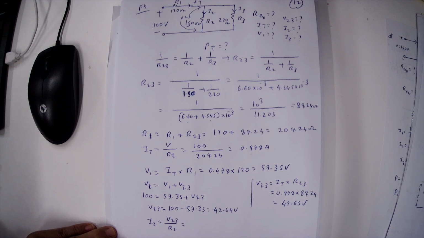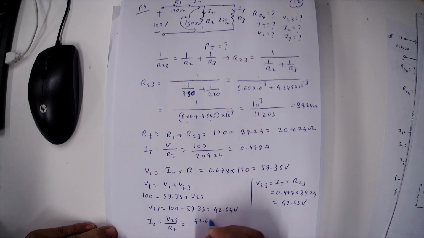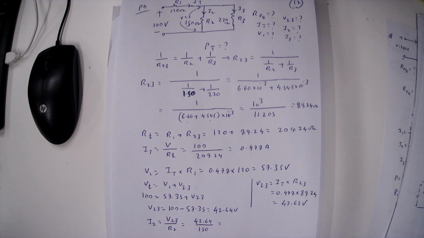V23 is 42.64, R2 value is 150. 42.64 divided by 150, that will be 0.284 ampere.